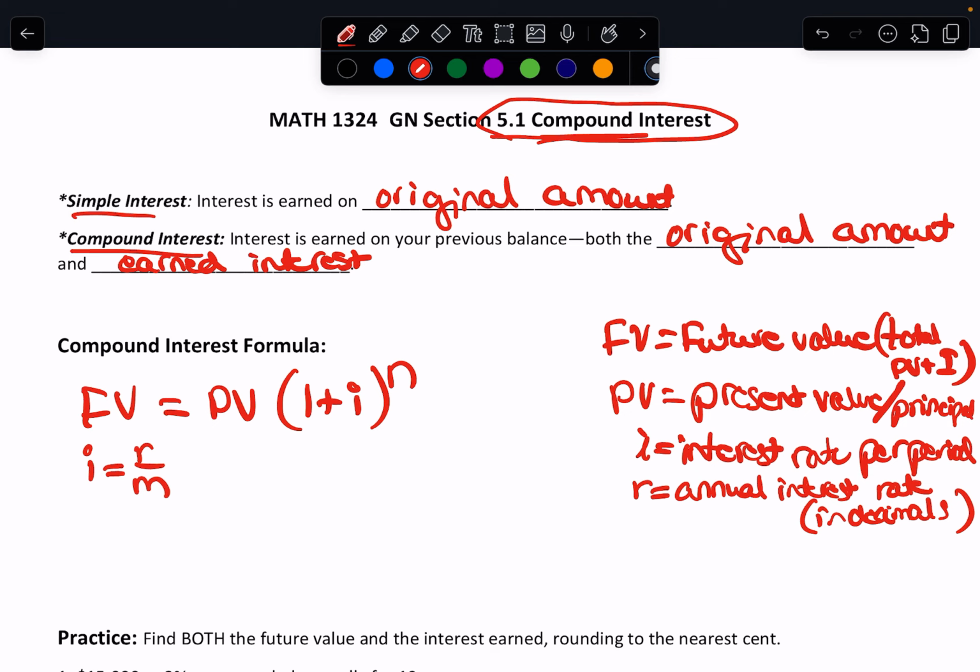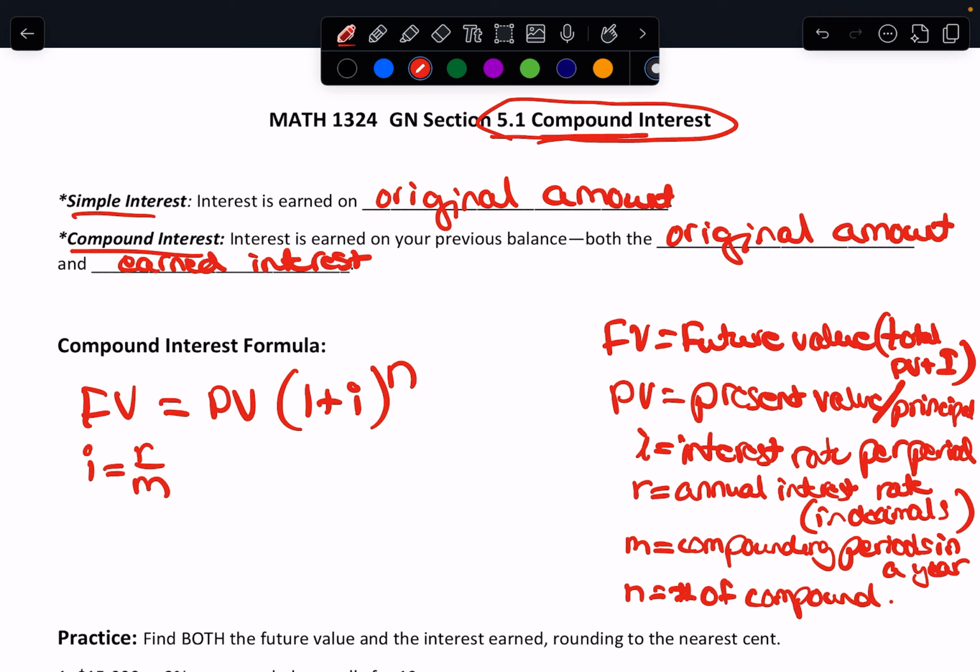And m is the compounding periods in a year. Okay, we've got i, we've got r, we've got m, and then n is the number of compound periods.